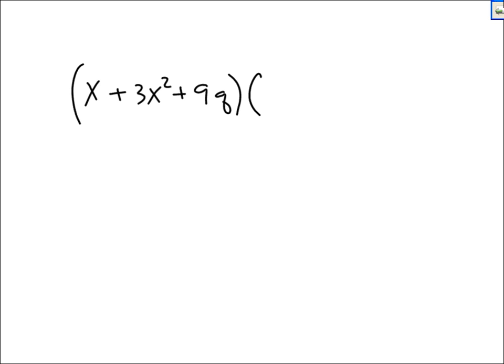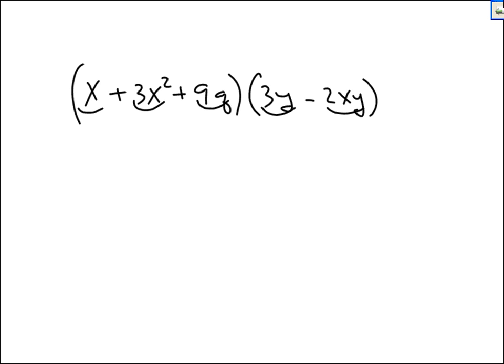When it comes to regular multiplication, we multiply each term in the left bracket by each term in the right-hand bracket. Okay, we distribute. Now, if you have x plus 3x squared plus 9q, and you're going to multiply this by 3y minus 2xy, the terms are separated by addition and subtraction symbols.